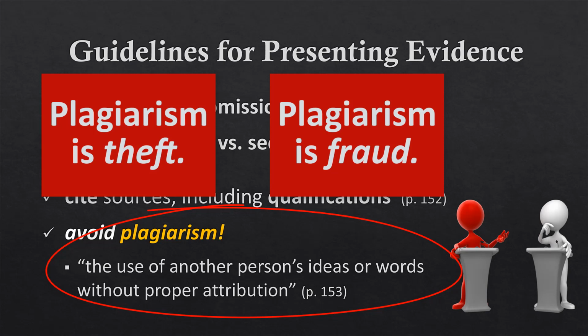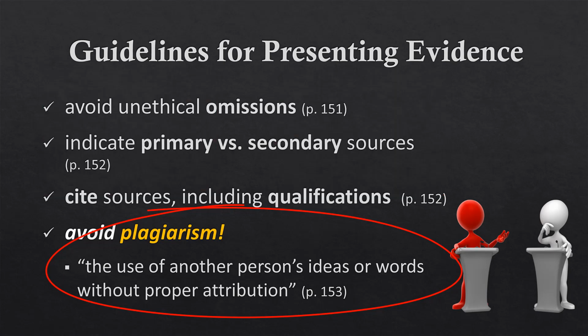So, not just because it's the wrong thing to do, but also in terms of the long-term effectiveness of your arguments and of your career as an advocate, you need to cite your sources and you need to avoid plagiarism because, besides the fact it's wrong, getting caught in plagiarism can ruin your credibility and can really seriously set you up for difficult times ahead in your rhetorical career.